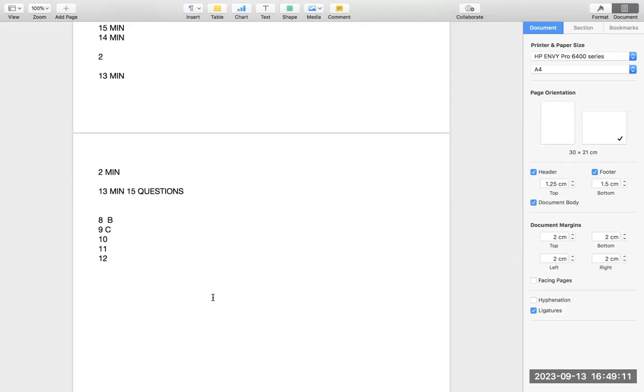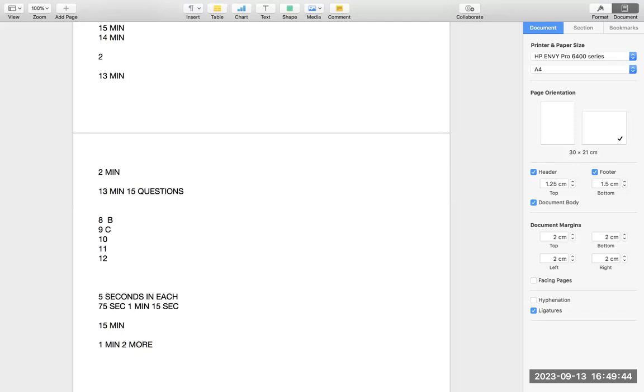If I save 5 seconds in each of 15 questions, I'm saving 75 seconds, which means 1 minute and 15 seconds. These small margins in reading part A, when you have a total of 15 minutes, if you save 1 minute, that means you can do 2 more questions. That is how you will be able to complete.